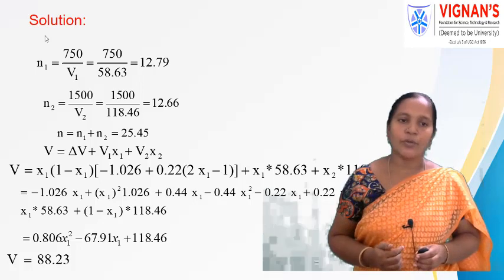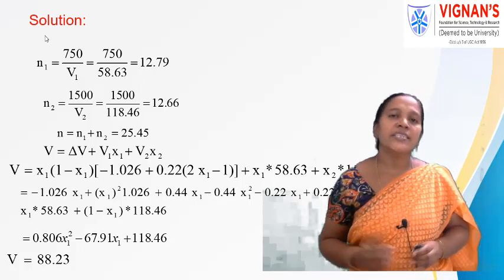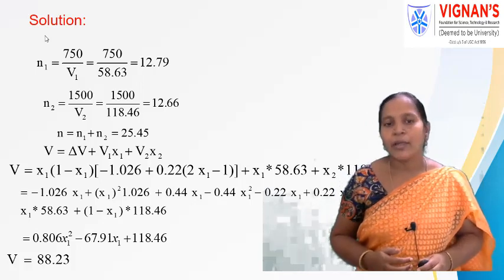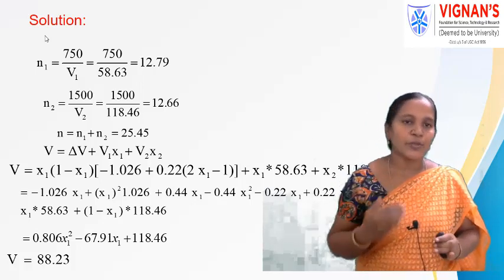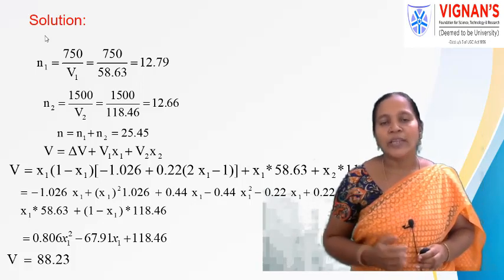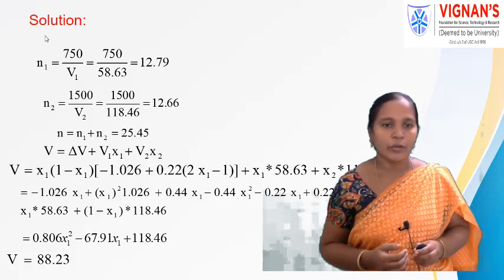That is equal to 0.806 x1 square - 67.91 x1 + 118.46. After substituting x1, we will get the volume, that is 88.23.